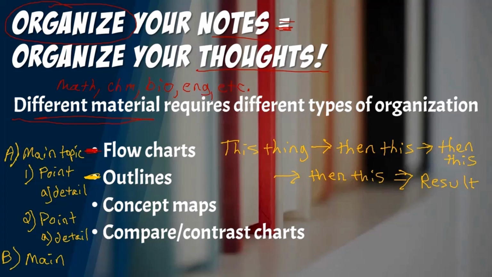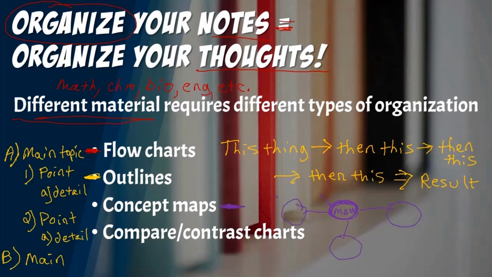Or you can draw concept maps. So concept maps are a way you can brainstorm, or you can start in the middle. It kind of looks like a little spider. You have the middle, and here's the main idea, and then you have little branches off of this, which give you points.